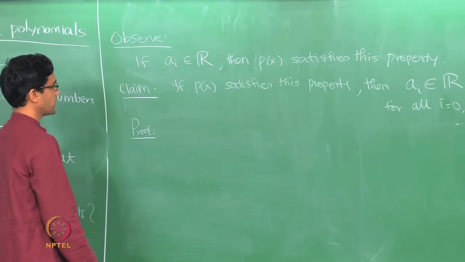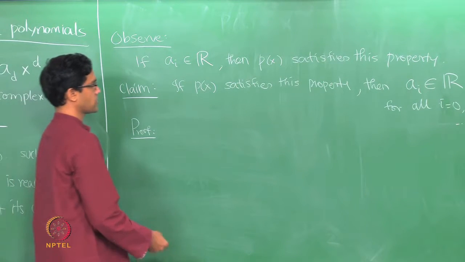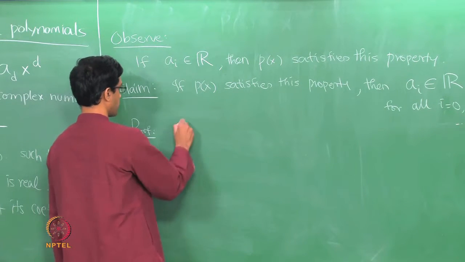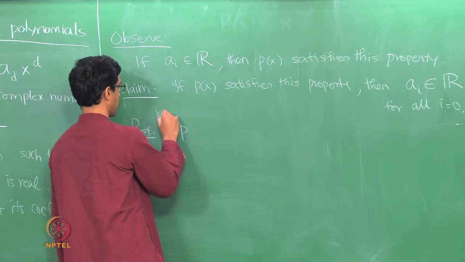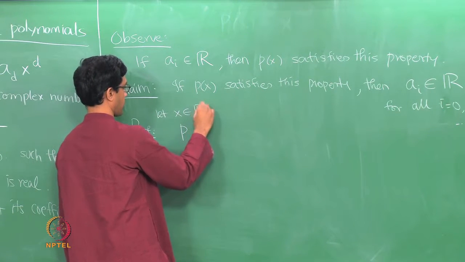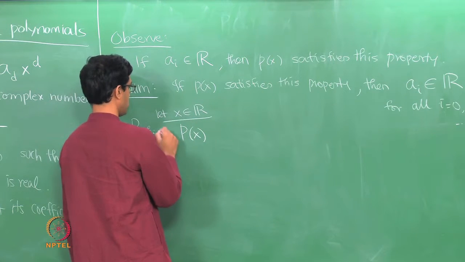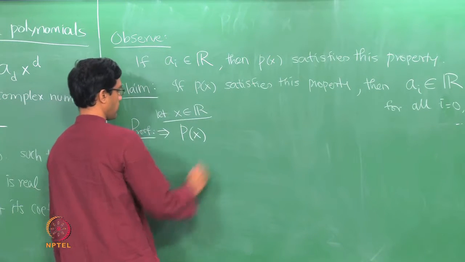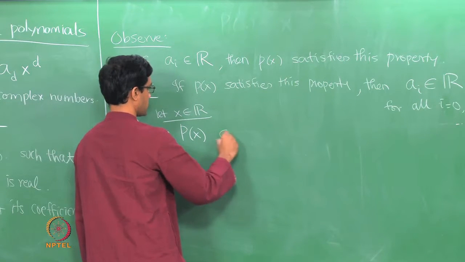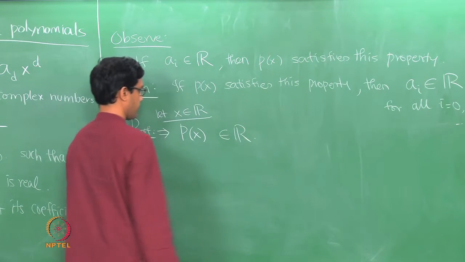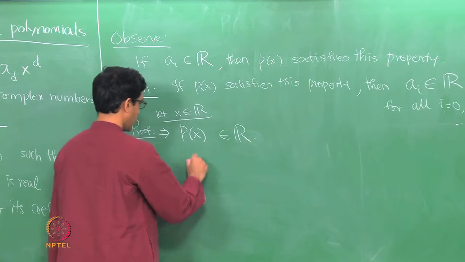What does it mean to say that p of x is a real number whenever x is a real number? Let x be a real number, then we are given that p of x is a real number.